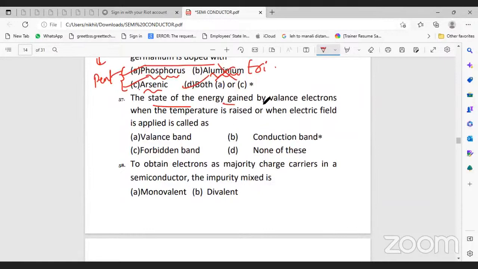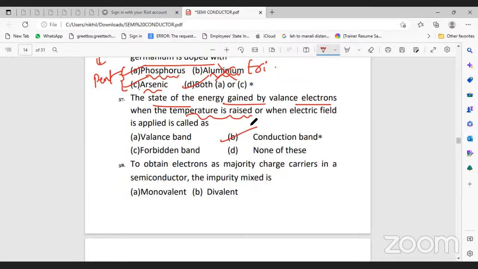The state of energy gained by the valence electron when the temperature is raised, or when the electric field is applied, is called as what? Conduction band. Because the conduction band comes into picture only if the electron is excited to a higher energy state. How to take the electron to the higher energy state?